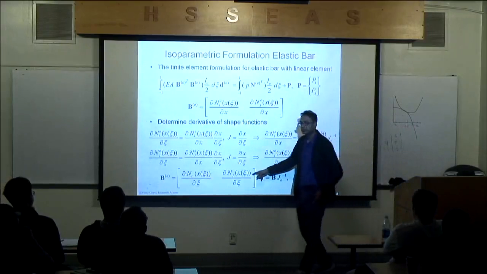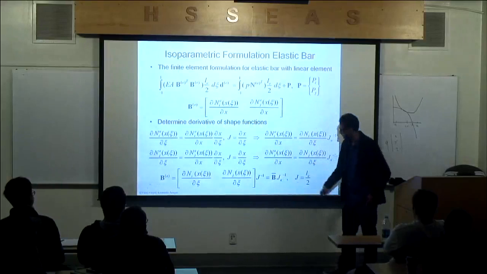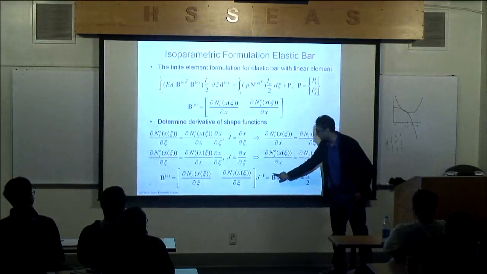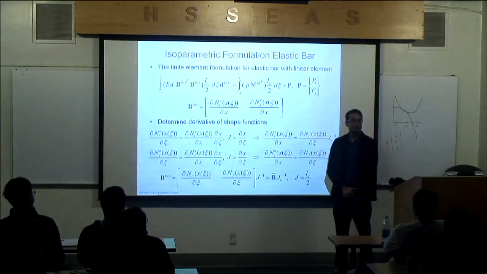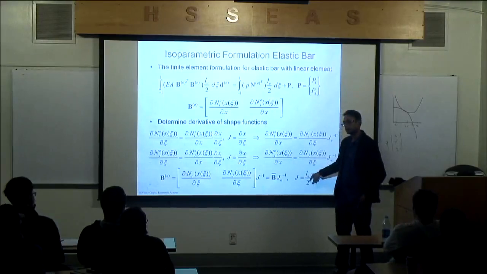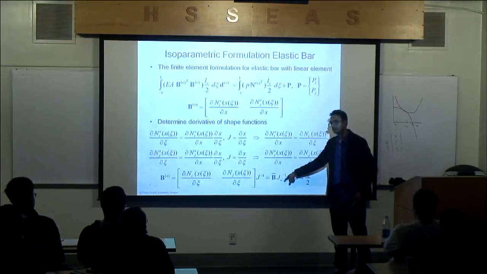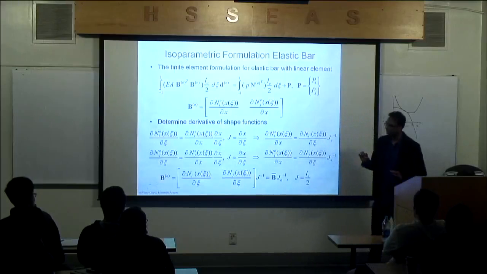That's B bar then, times J inverse. Now this B bar, that matrix right there, is true for every single element. Every single one of them. I already know what J is. We calculated it was L over 2, so this is 2 over L_e. So now I've converted.